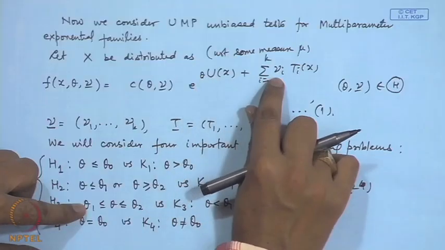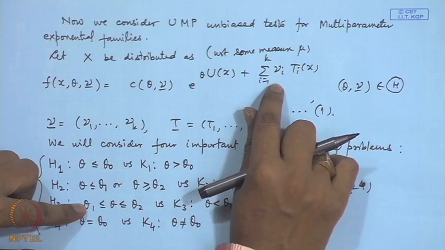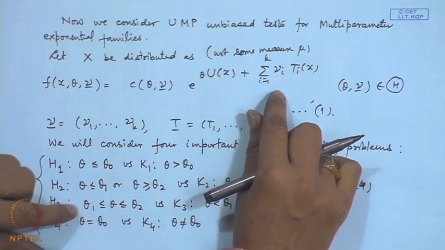So, I will have 2 parameters from mu and sigma square, I can write mu by sigma square and minus 1 by 2 sigma square. Either of them can be considered as theta and the other one can be considered as nu. So, this is an example of a 2 parameter exponential family. The one which I have written here is a k plus 1 parameter exponential family.